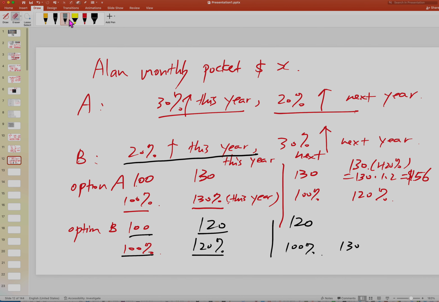You just take 120 times 1 plus 30%. So it's 120 times 1.3. What's the answer? 156. Good. So it's the same deal in this case. It happened to be the same deal. No change.